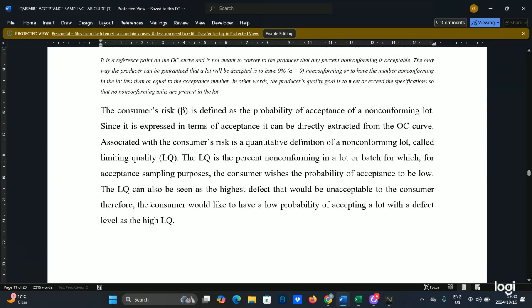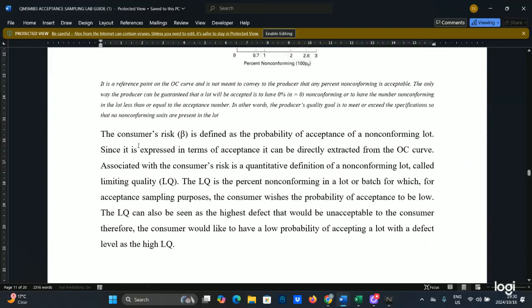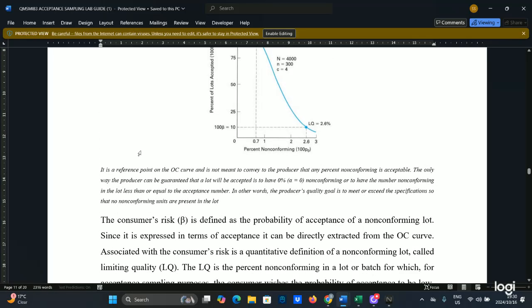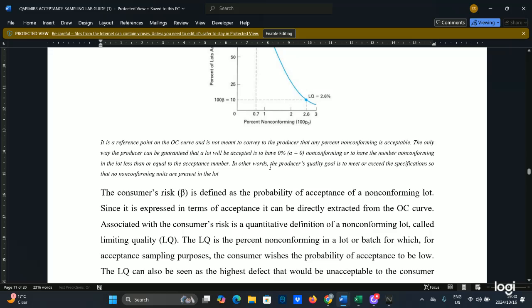If you go back here again, the limiting quality is expressed in proportion non-conforming.